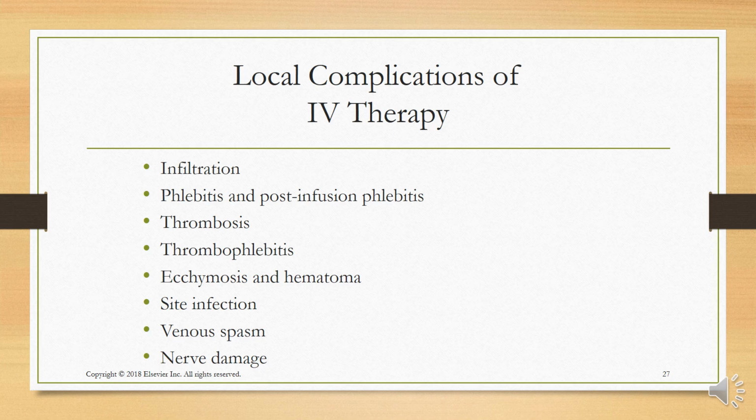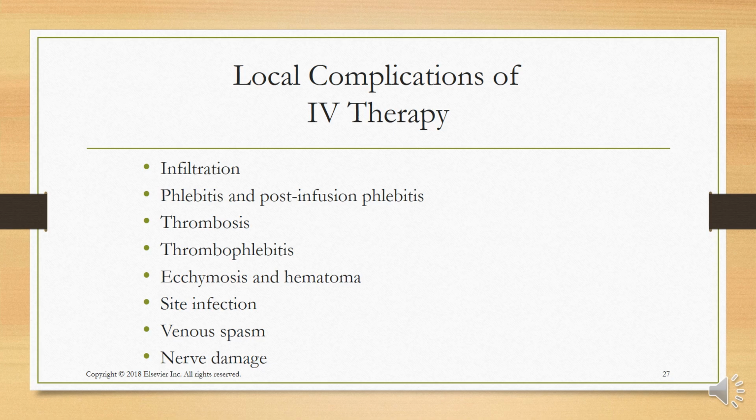You can get an infection at the site, and you can also have venous spasms, which can cause the vessel to spasm. You've got fluids that are trying to go in, but the vessel is spasmed, so they will actually cause the vessel to burst above that spasm, and then whatever medication you were giving can seep into the skin.